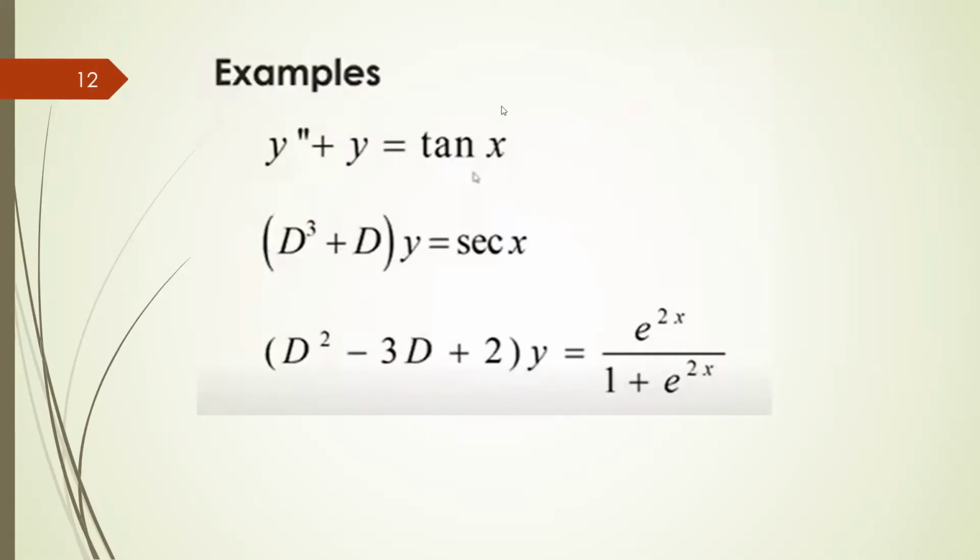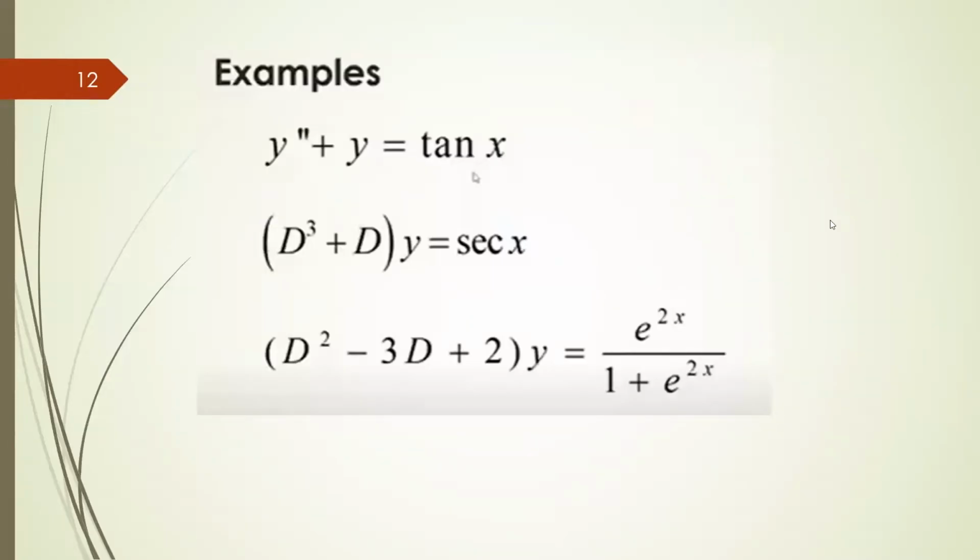It could work if this is possibly sine x or cosine x, but not tangent x. This one could work if this is sine or cosine, but not secant. And in here, you'd say, oh, that's e, that's possibly real. Yes, but then it has a denominator. If it's only e to the 2x, you can use the method of undetermined coefficients. But since there's 1 plus e to the 2x at the bottom, you cannot use it.